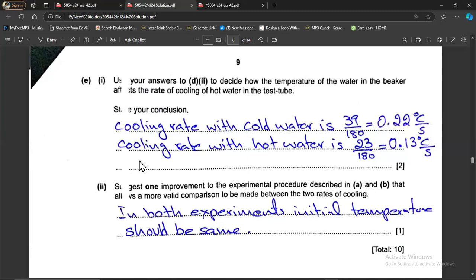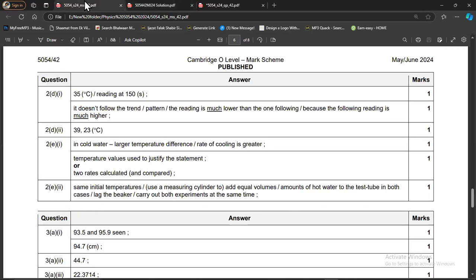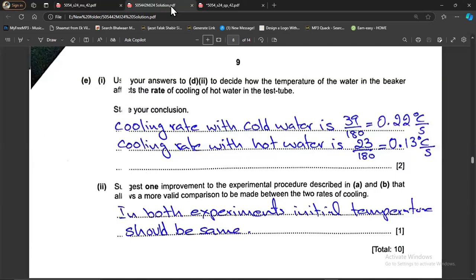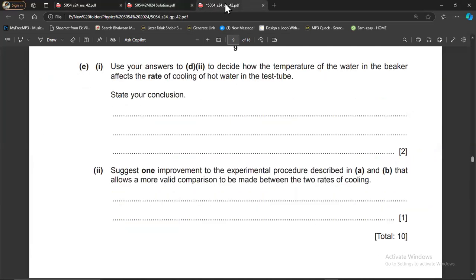When the water in the beaker is warm, the rate of the cooling is slow. When the temperature of the water in the beaker is cold or less, the rate of cooling is faster. So this is the answer, sir. I hope you understand. You can pause the video there.